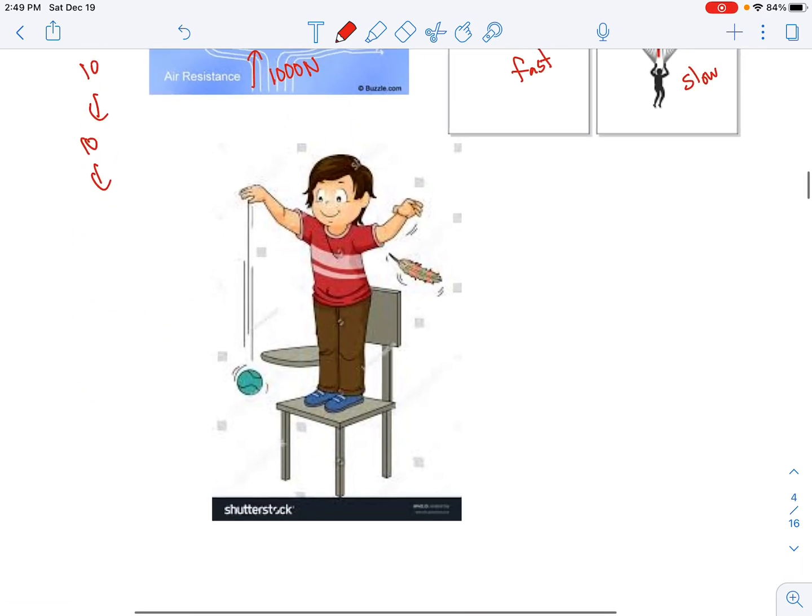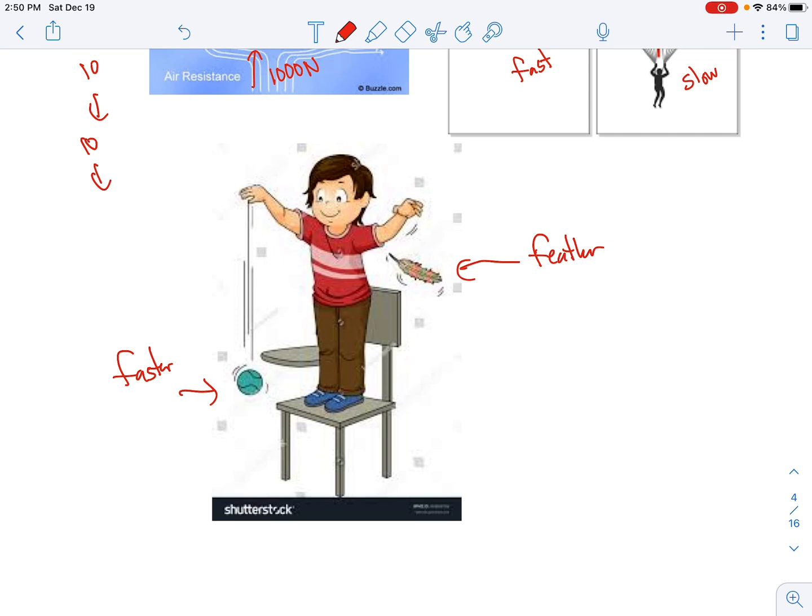All right, now I want to show you this picture here. So here's a little boy, and he's got a ball and a feather. And if you drop them, notice that the ball is moving faster than the feather, because they both got dropped at the same time.